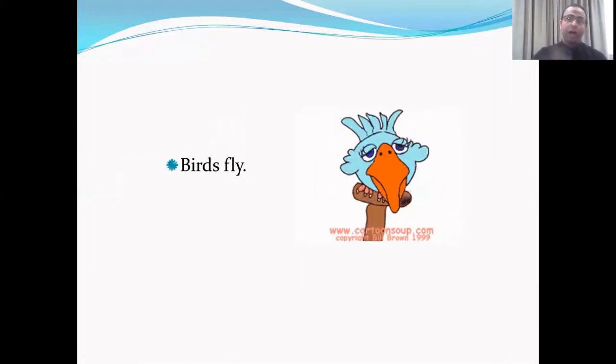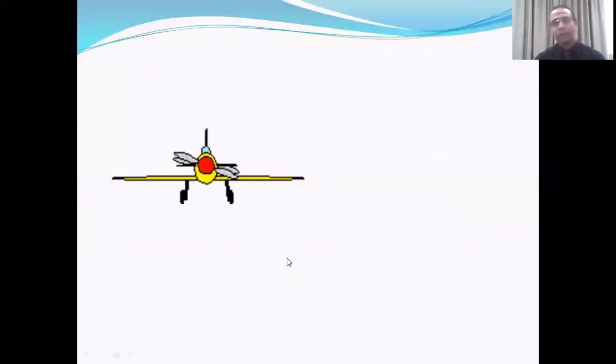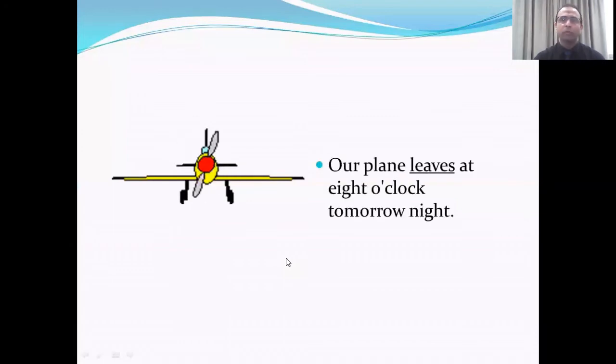Birds fly. Another use of the present simple is that it occasionally is used to express actions occurring in the future, like this example. When I talk about my plane next week or tomorrow, it's a timetabled thing I'm going to talk about.